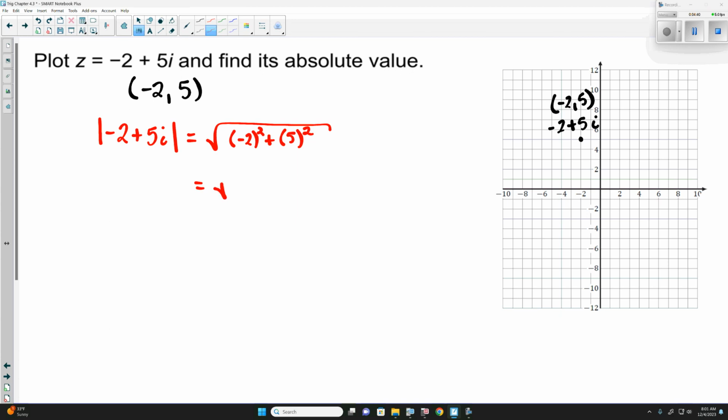Because if we did this by hand, negative 2 squared is 4, 5 squared is 25, and 4 plus 25 is 29.